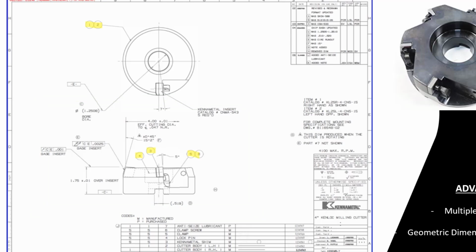I also want to raise your awareness to this one note over here. I'll highlight it in green, where it says, for complete mounting specifications, see the drawing number as reflected here. That's important because it shows that this by itself isn't enough to use it correctly. You're going to have to refer to a different drawing or a different blueprint.